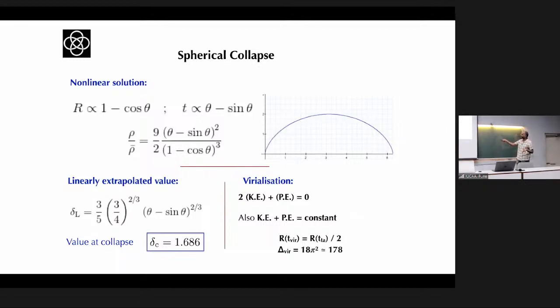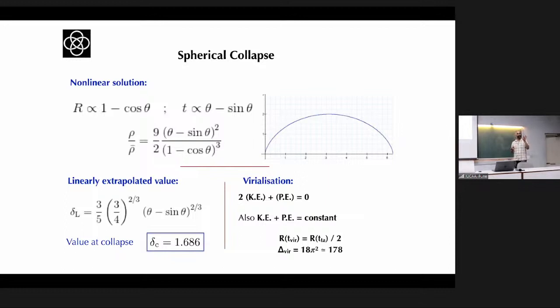Okay, so this capital delta is just the value of rho by rho bar, just a different notation for rho by rho bar, evaluated at the time where you are interested, at this virial time. And this value, rho by rho bar, is about 200, okay, 178. So 180, 200 approximately within 10%.